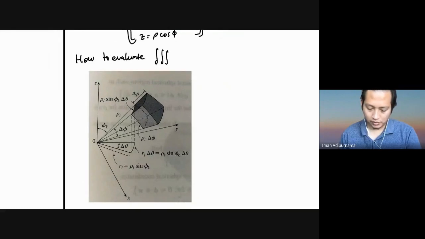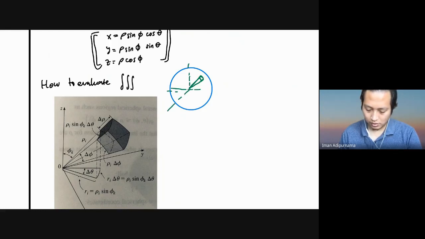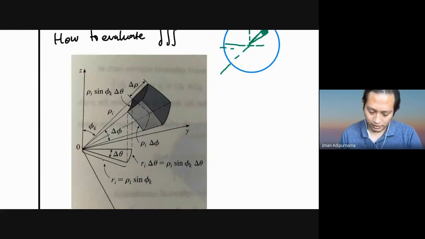So if you can imagine, this is a sphere, and you are cutting up this surface here, and imagine the sphere itself has some thickness. Okay, so this is the thickness here.